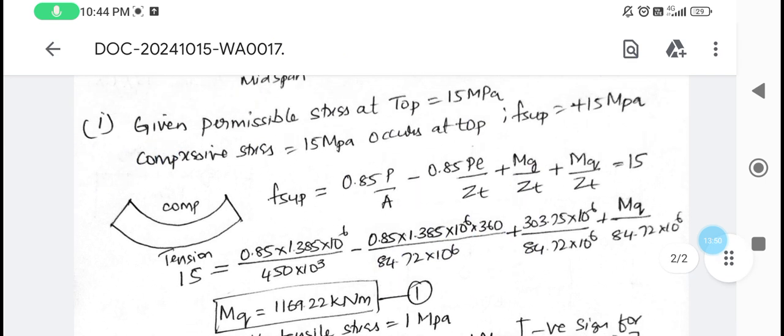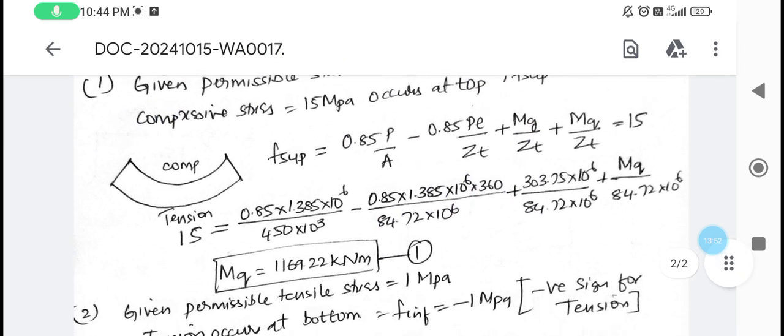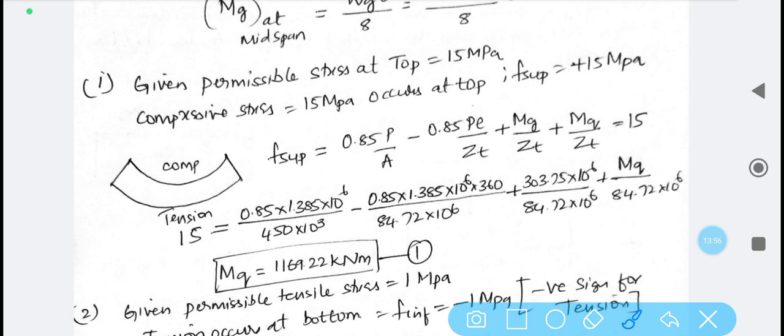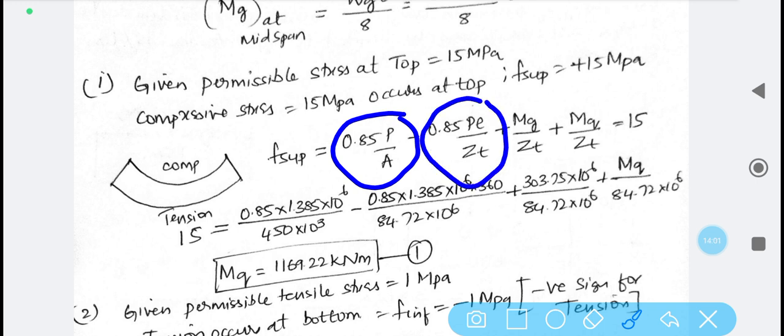See here, in the first two parts of the expression, the losses occur only during the pre-stressing phase, that is, during the transfer phase. Only during the transfer phase do the losses have to be accounted for, and that is why it has been multiplied here.